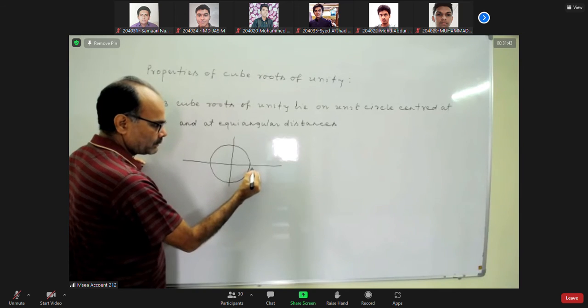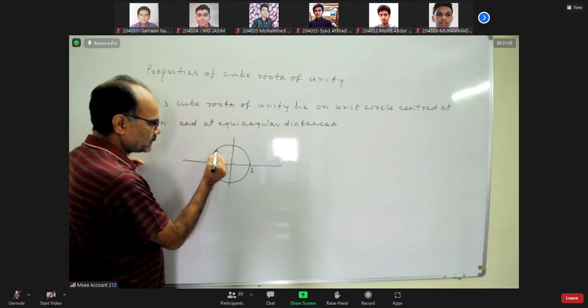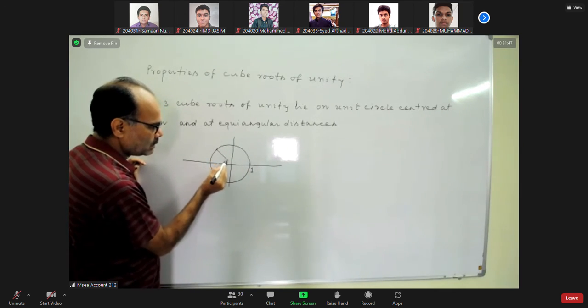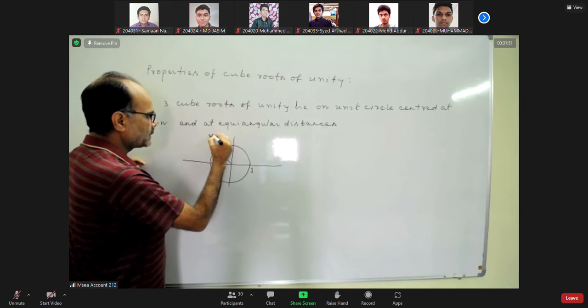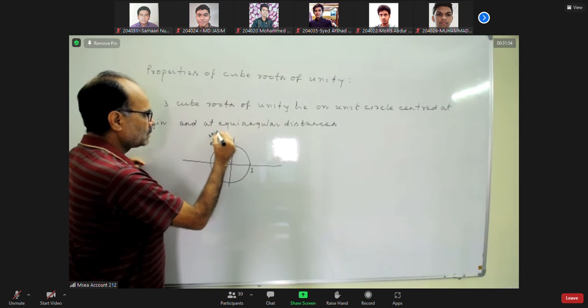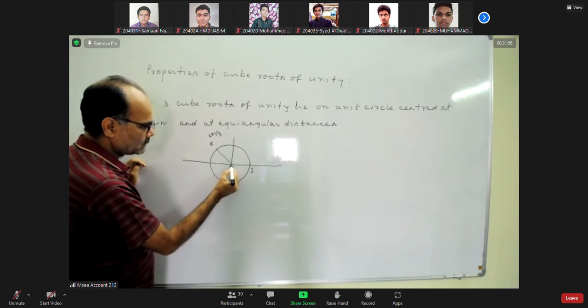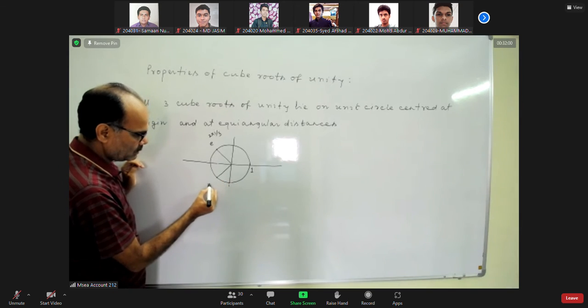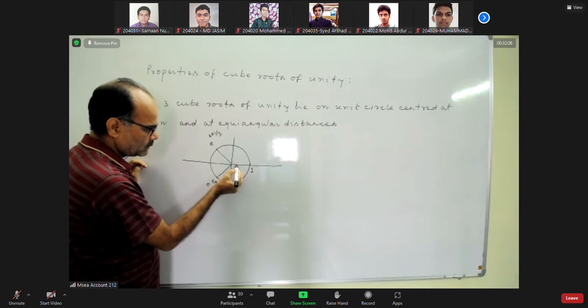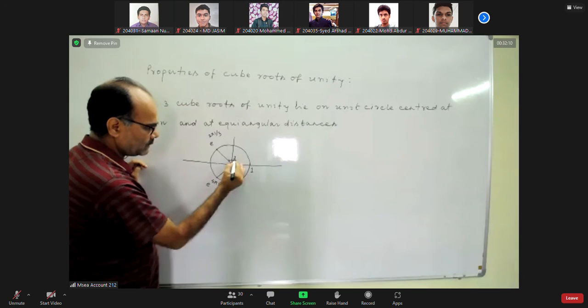This is one complex number, this is the other complex number, e to the power 2 pi i by 3. This is the third complex number, e to the power 4 pi i by 3. Now this angle is how much? 2 pi by 3.